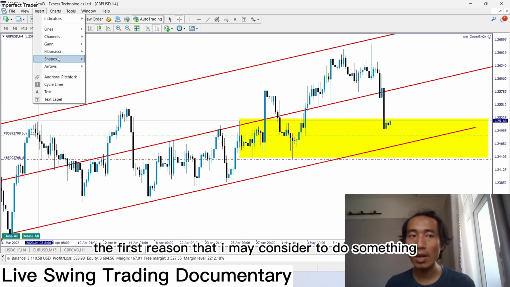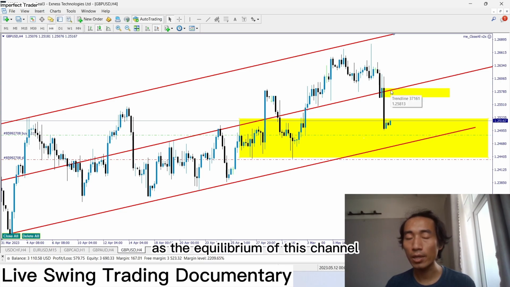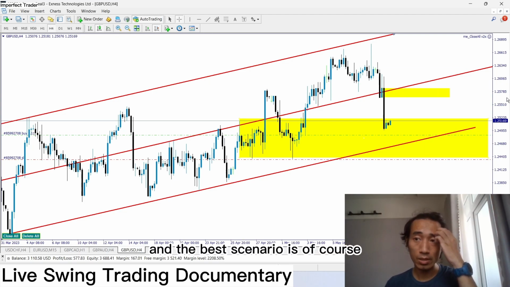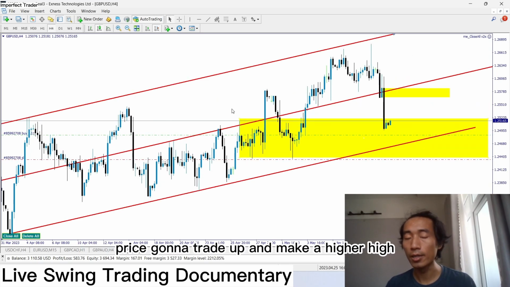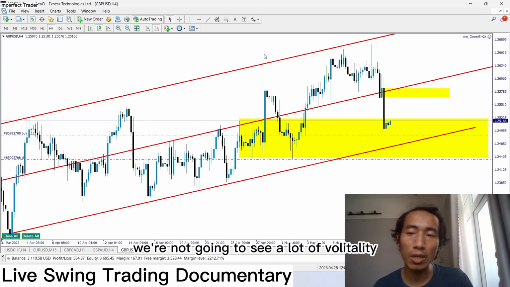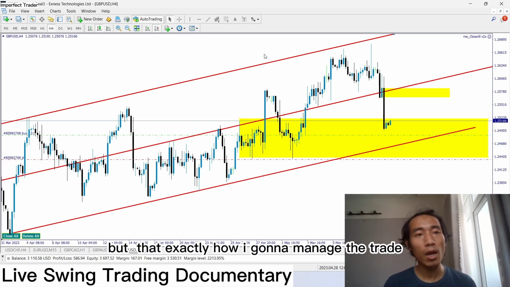The first reason that I may consider to do something is right here, at the equilibrium of the channel. That is a fair price for me. And the best scenario is, of course, price gonna trade up and make a higher high. But overall, it looks like we're not going to see a lot of volatility because now is Friday. But that is exactly how I'm gonna manage the trade.